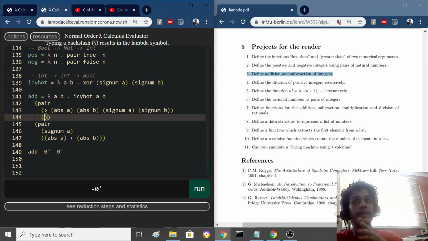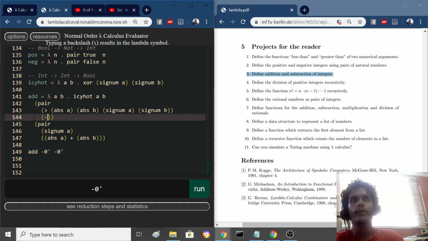But we take the sign of the bigger one, which is negative, right? Negative 5. So 2 minus 5 would be negative 3, right? We take the sign of the 5, which is negative, but the natural number that we get is the bigger minus the smaller when we talk about the absolute values. So 5 minus 2, 3, okay? Hopefully you didn't need all that explanation, but I did it anyway.